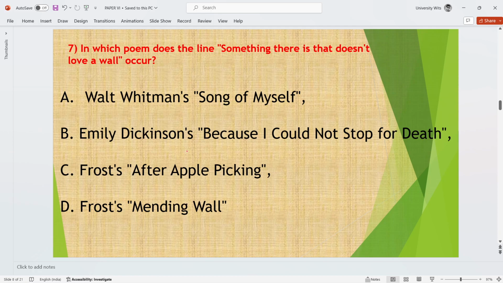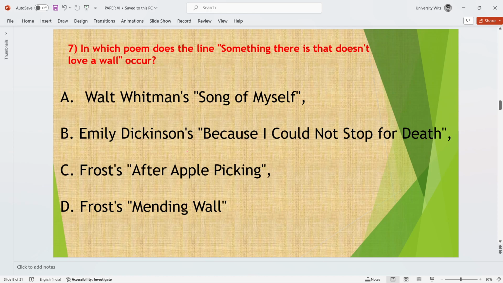Very simple. If you read Howl, sorry, not Howl, I think this line is actually from Frost's Mending Wall. Yes, Mending Wall, right?